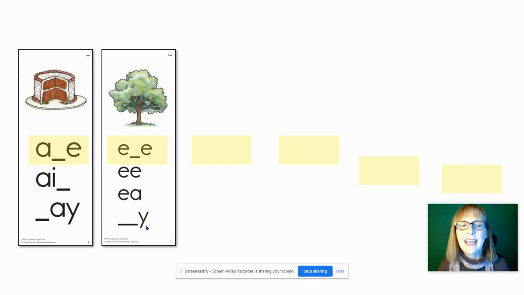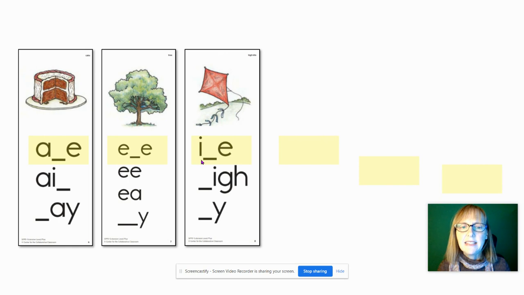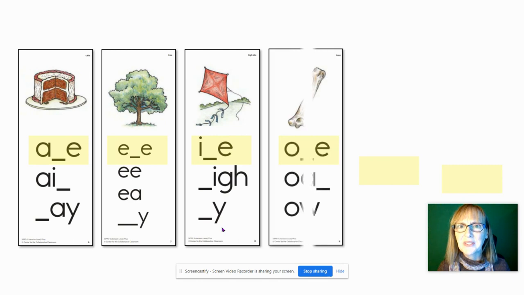E, and at the end of a more than one syllable word like happy, the Y takes over as the vowel and makes the long E sound there. Then the long I sound, I, remember this IGH, silent GH, and then I at the end of a short word like my, why, cry. Those all end in long I sounds, spelled also with the letter Y. Y is a very versatile letter.